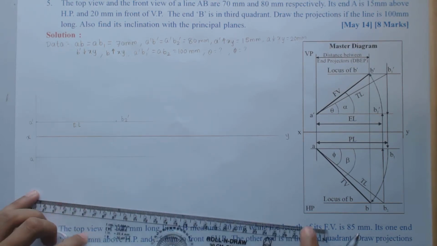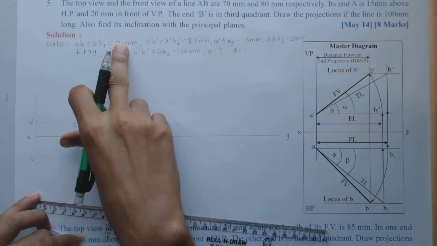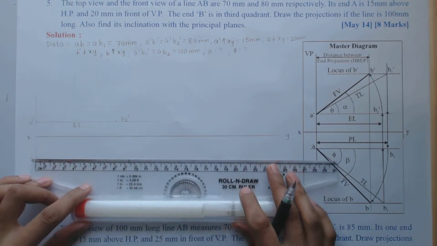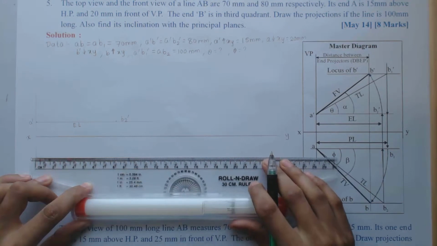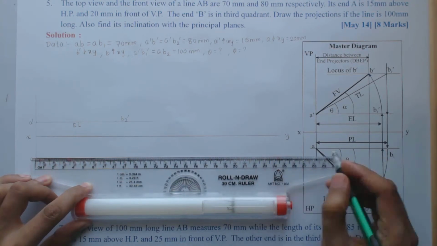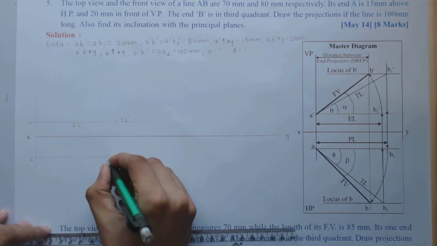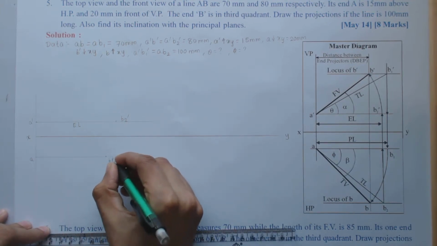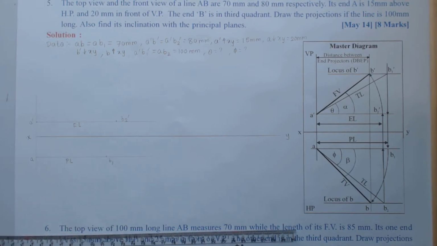Similarly, I can mark the plan length, which is equal to the top view length given as 70 mm. So with A on the horizontal line, I can mark the plan length, 70 mm, and the point I'll get is B1. So I have marked B2 dash and B1 to get the elevation length and plan length respectively.